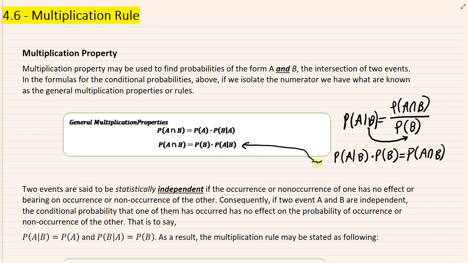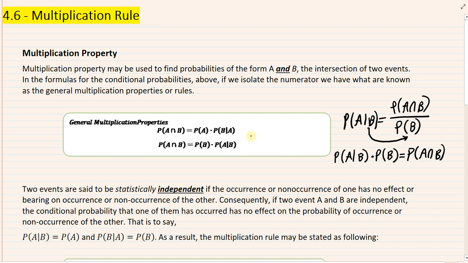The general multiplication property tells us the joint probability of A and B is equal to the marginal probability of B times the conditional probability of A given B. Of course, events don't care which one we call A and which one B, so you can use the top version or the bottom version of this formula. That's how the formula is created, and it's pretty simple.